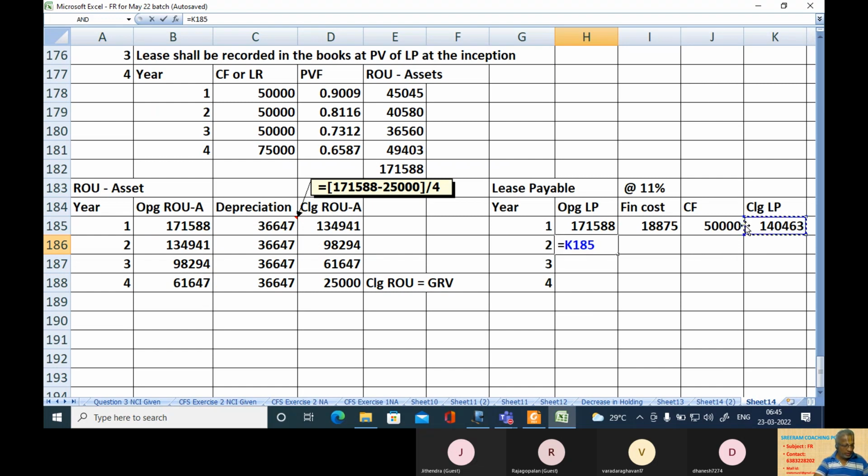So this becomes opening. So here, this is going to be 50,000 only. This is the difference between the two.